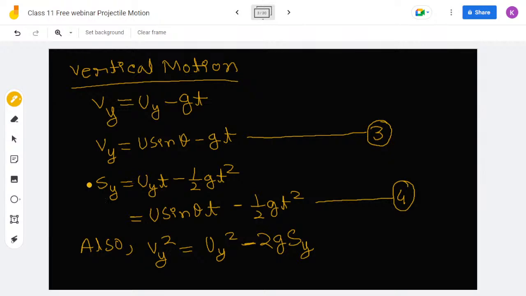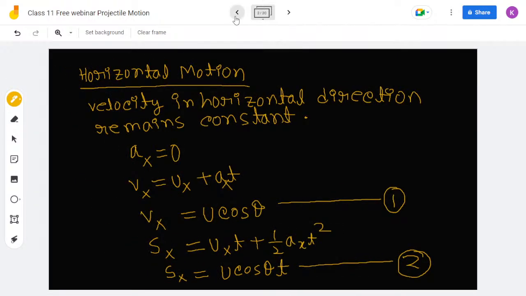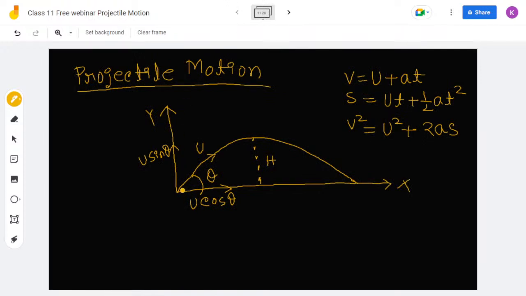Now Sy is actually the height of the projectile motion. So if we take a look at the diagram, whenever the projectile motion starts, the height of the object becomes 0. And whenever the projectile motion completes the whole motion, then also the height becomes 0. So we take the height of the projectile motion as 0.